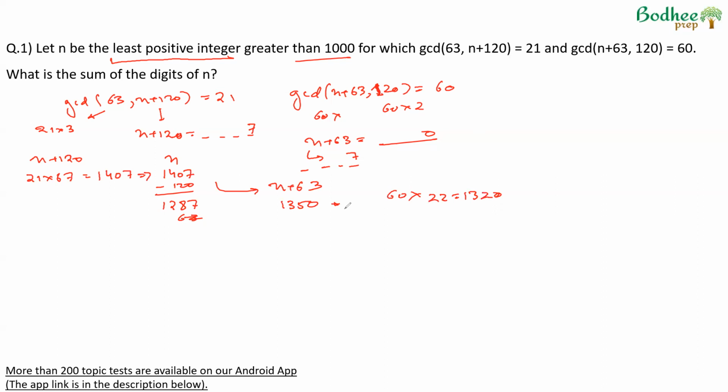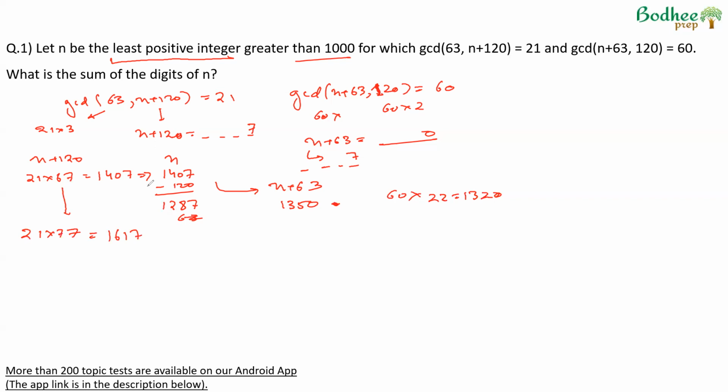And therefore there is a remainder of 30 here. So what we do is we then look for the next value, which is 21 into 77. 21 into 77 will increase the value of n plus 120 by 210 because there is an increase of 10 here. So this will become 1617.